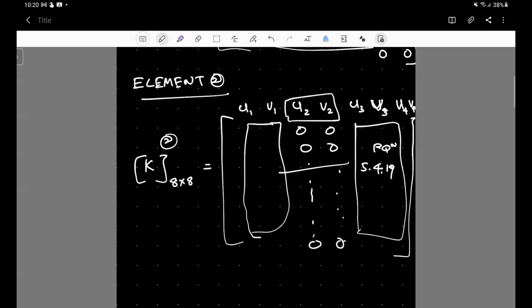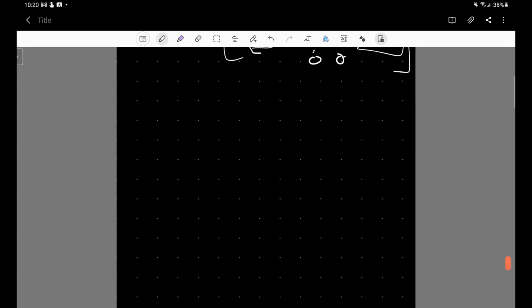So now you have obtained element stiffness matrices in the rank of the total stiffness matrix, that is 8 by 8. Now you can simply add the corresponding terms of the two matrices to develop the capital K matrix, that is the global stiffness matrix.